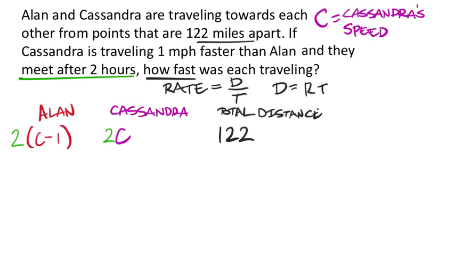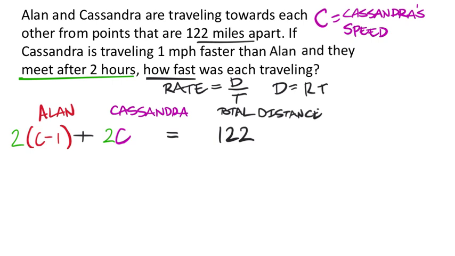But they're both traveling towards that distance, so I'm pretty sure we're adding those two distances. Alan's distance plus Cassandra's distance ends up being a total distance of 122 miles.